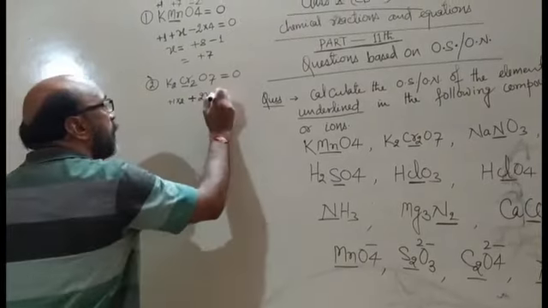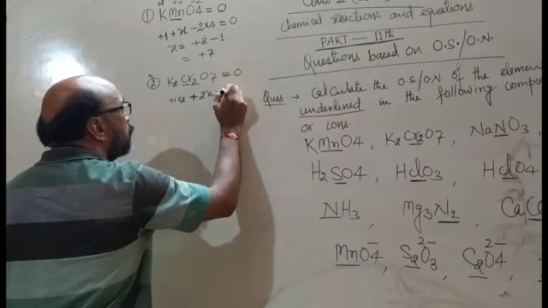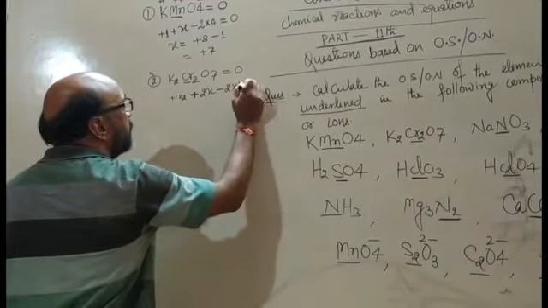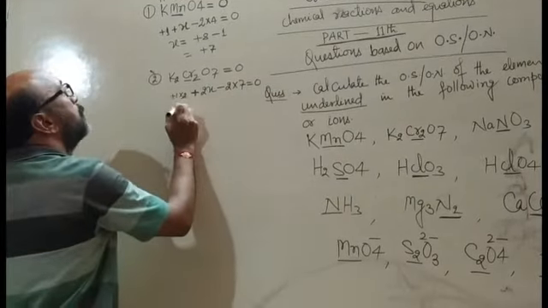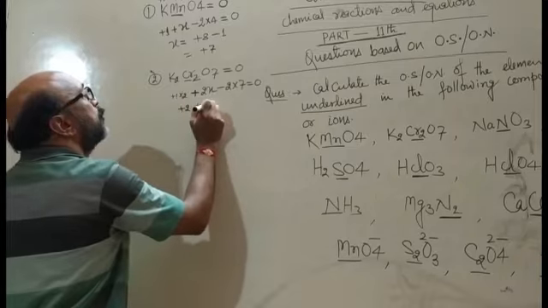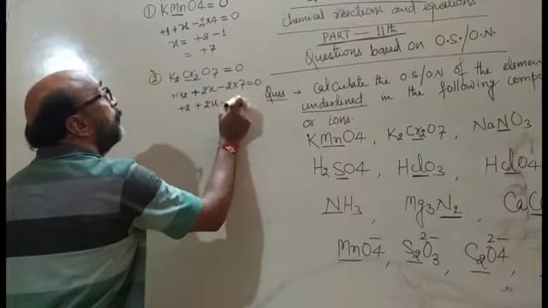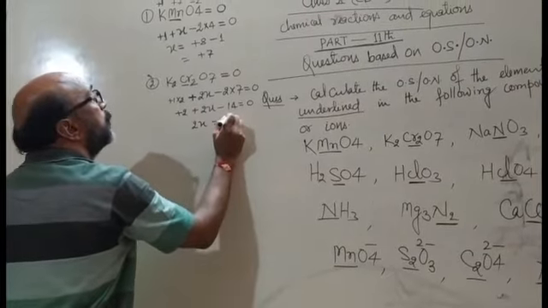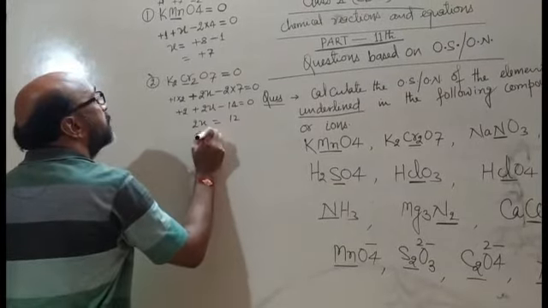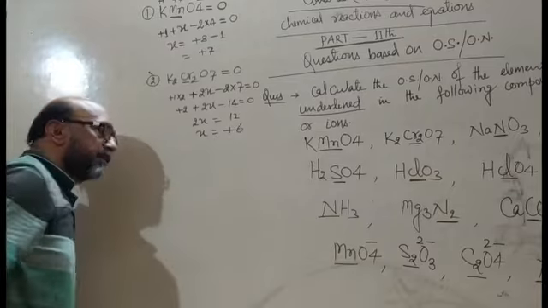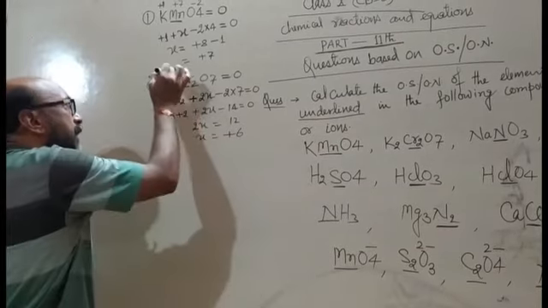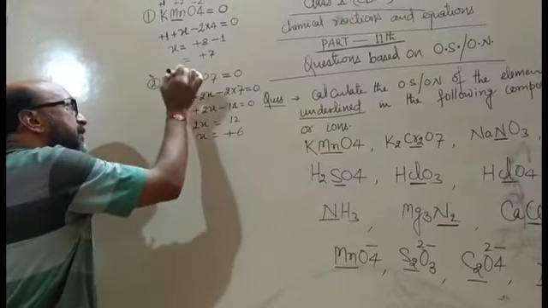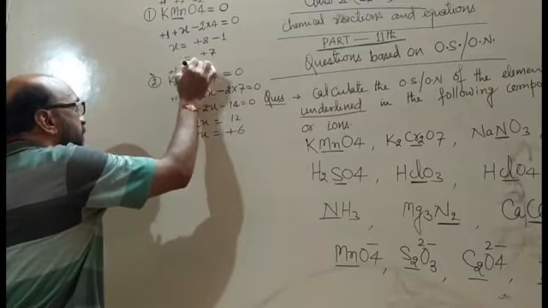Therefore, it is +2 plus 2x minus 2 into 7 is equal to 0. So 2 plus 2x minus 14 is equal to 0. Therefore, 2x is equal to 12, x is equal to +6. Again, you can indicate all the oxidation states like this.